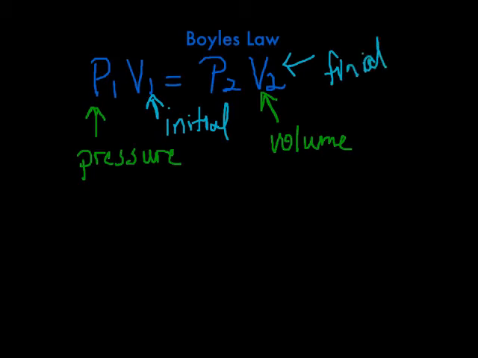Final pressure or volume. So P1 represents initial pressure, V1 represents initial volume, P2 is final pressure, and V2 is final volume.